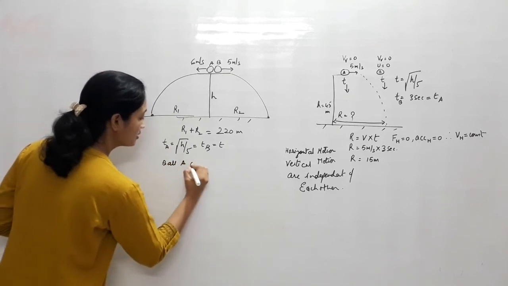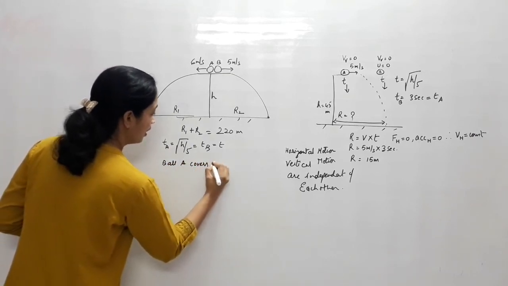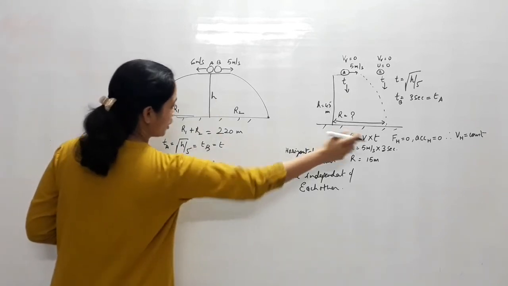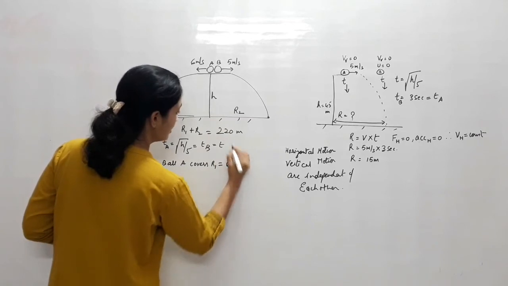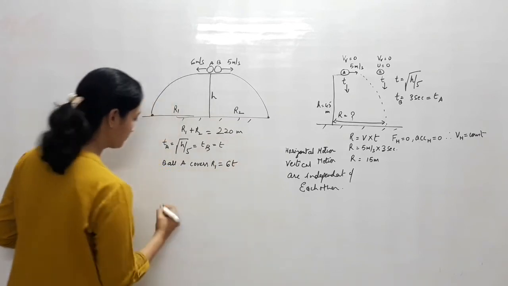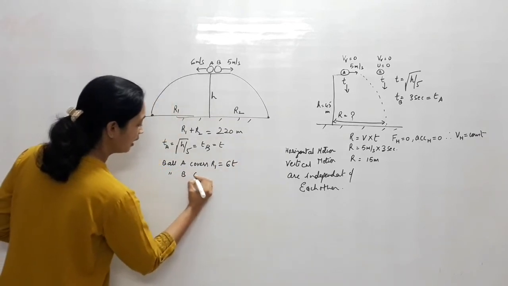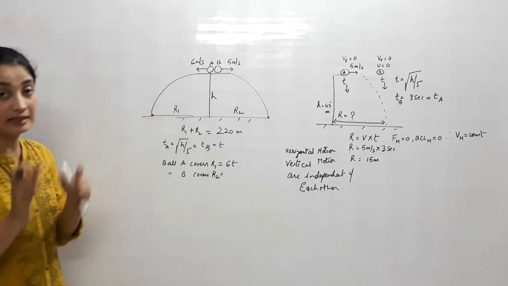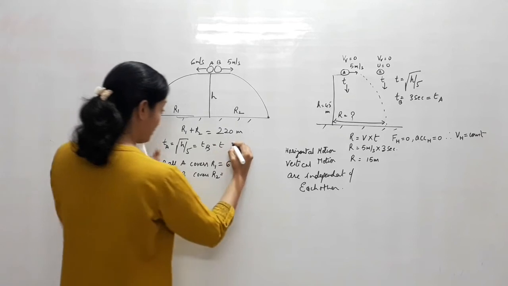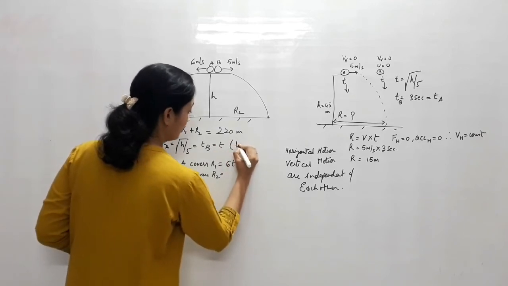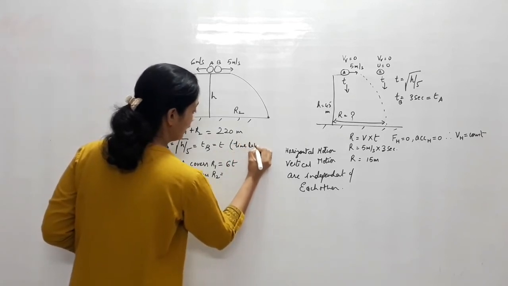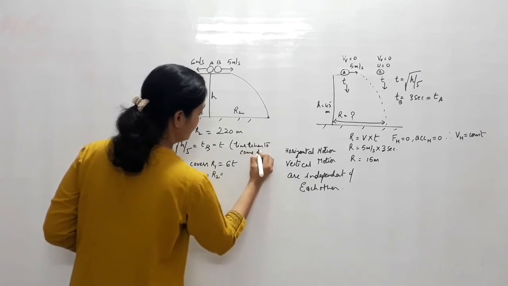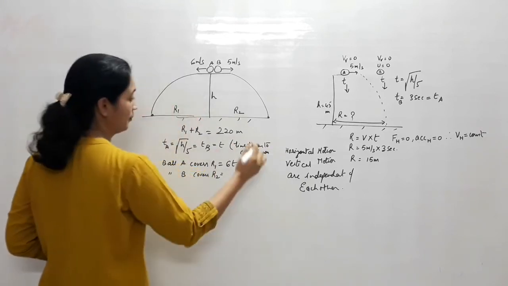Ball A covers r1 distance in the horizontal direction and it is equal to velocity into time. Velocity is 6 and let us assume the time to be t. Then ball B covers r2 distance in the time t. What is t? Time taken to come down.